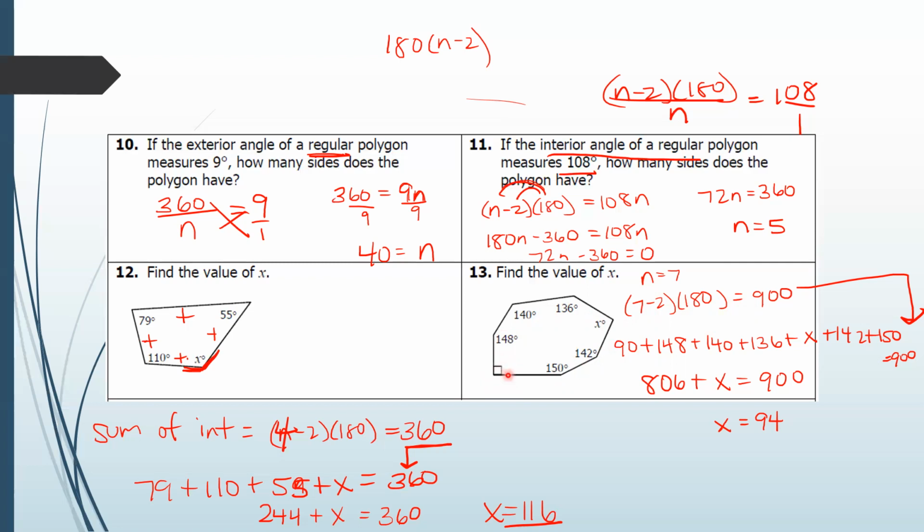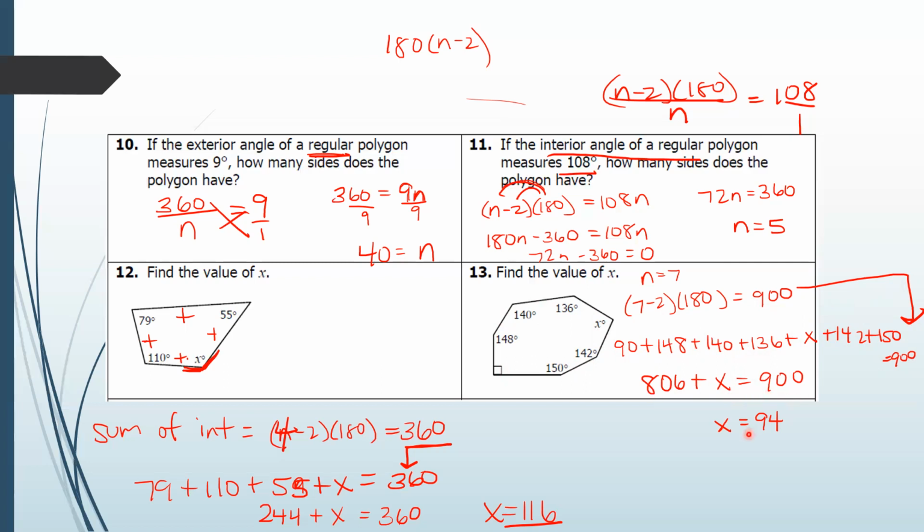Okay, so this is 90 plus 140 plus 148 plus 140 plus 136 plus x plus 142 plus 150. The sum of those, adding those all together, has to equal 900. And I know that 900 because I get that from the equation for sum of interior angles. Combine those like terms. Just add them together. Use Desmos. Add those like terms together. You get 806. So now you have 806 plus x equals 900.